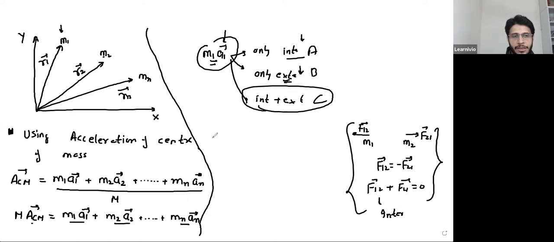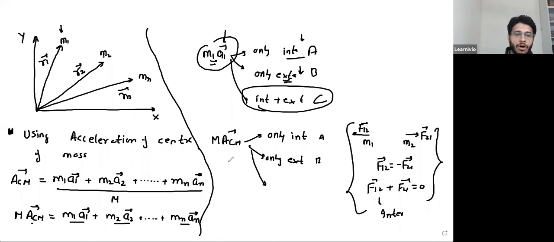Now tell me, if I say this is MACM, the acceleration of center of mass, which option will be correct? Only internal, that's option A. Only external, that's option B. Or external plus internal, that's option C. Which option is correct? What's the first line of the statement that I wrote in the previous slide?